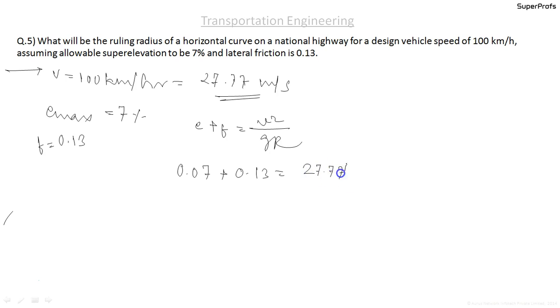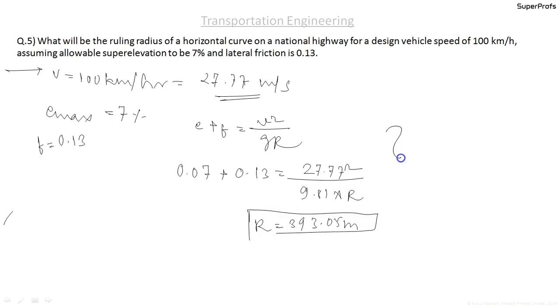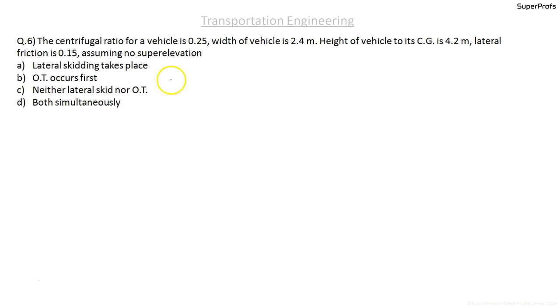V is 27.77 square, G is 9.81 into R, which gives R equal to 393.05 meters. Very simple question, but it is very frequently asked, the question on the ruling radius of horizontal curve. Guys, I've seen this question many times in entrance exams, in the competitive exams.